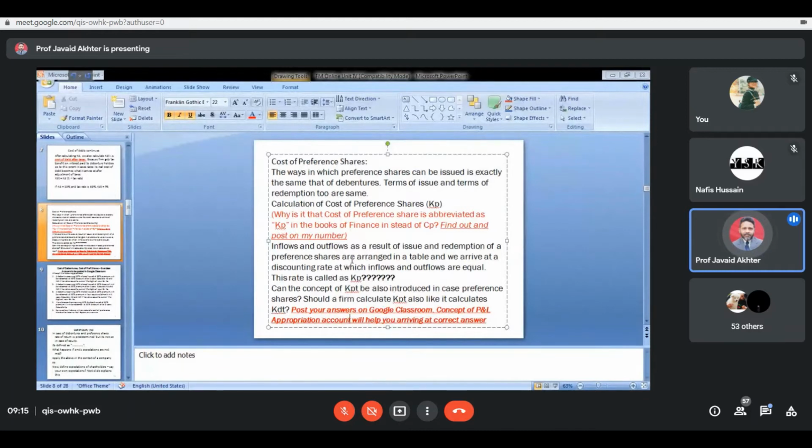Okay, if you have read it, let me explain to you the calculation. If you see the terms of issue and terms of redemption of preference shares, these are exactly the same as terms of issue and redemption of debentures. This being the case, will the calculation remain same or will it be different?